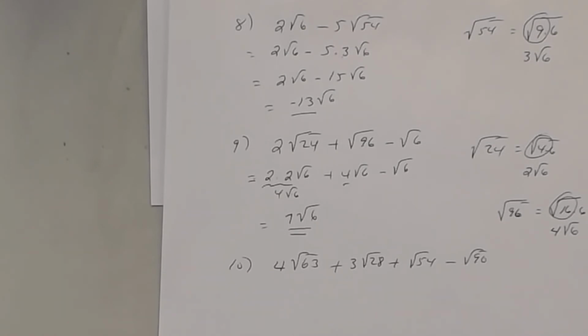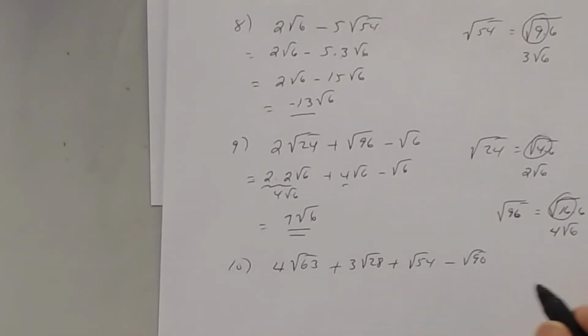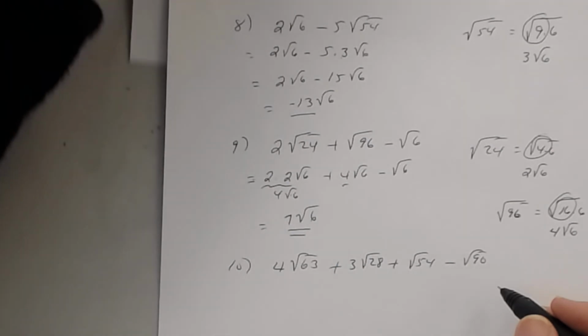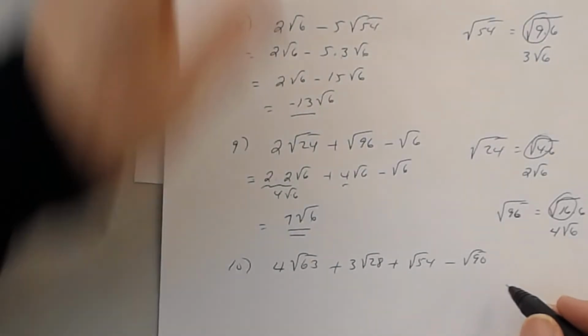All right, so how many terms do you see? 4. Don't automatically say they're not like terms because we haven't simplified them. Now, the way they look, they're not like terms, you're right. But if you simplify them, you're going to see that you can make them like terms. Square root of 63. I think we already did it, did we? No, I don't see it anywhere.